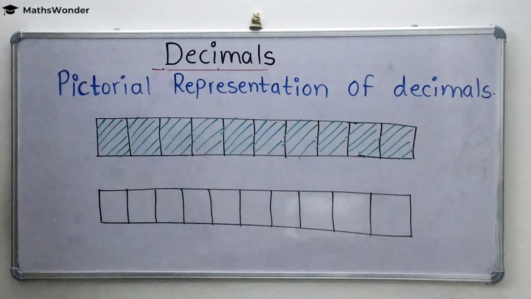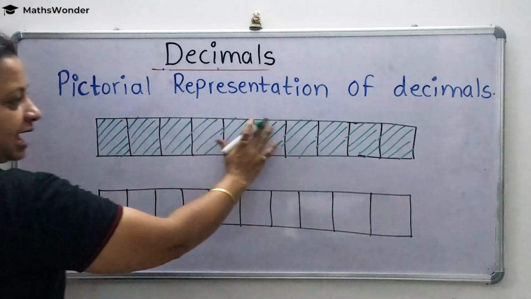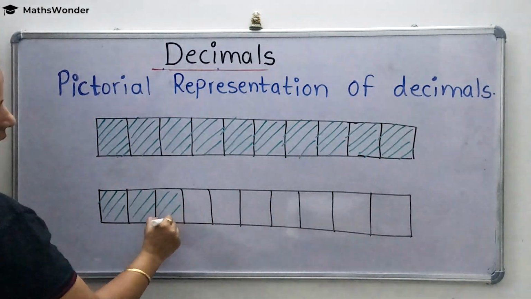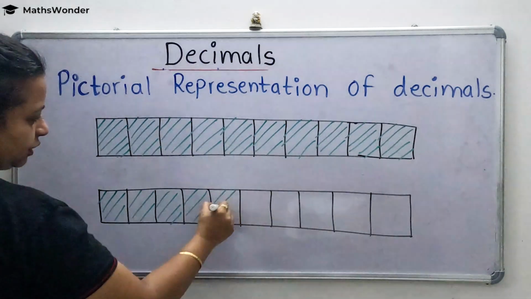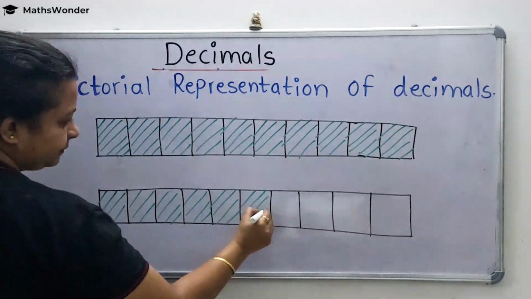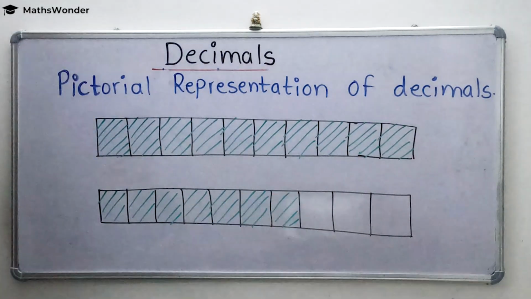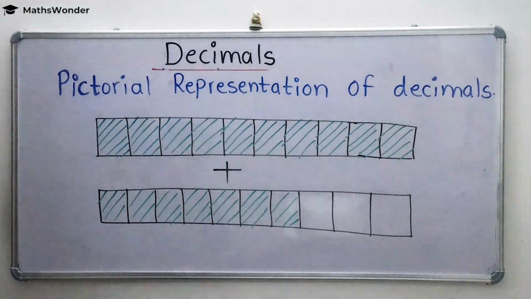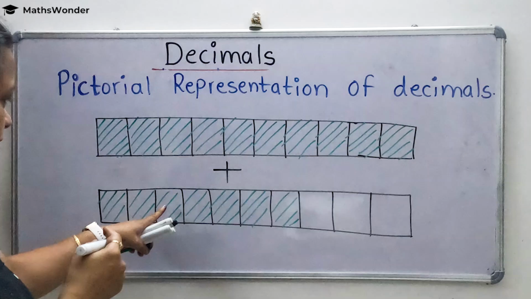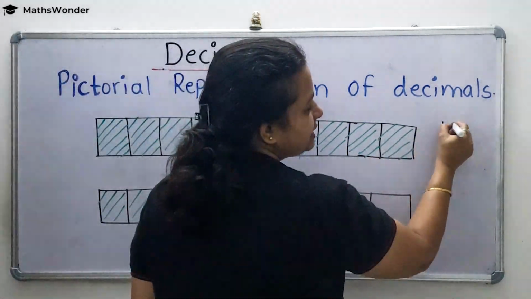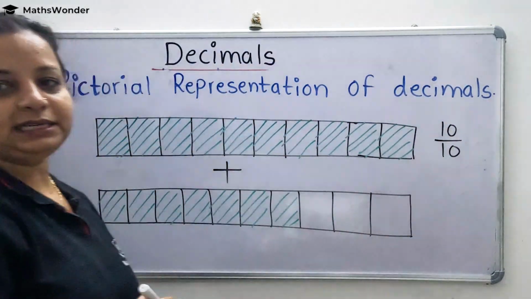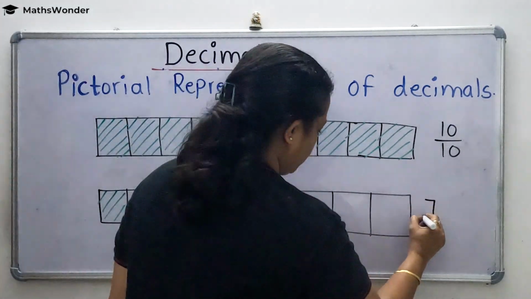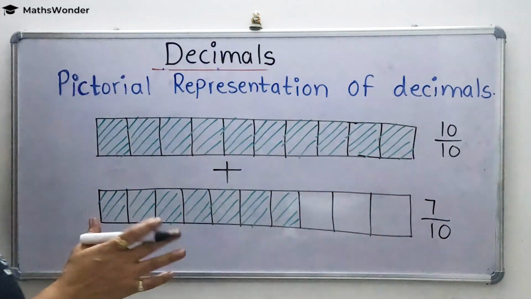Now in this one I have shaded 10 parts, and in this I am shading 7 parts. Now we are adding both the figures, okay? Now this is 10 over 10, isn't it? And 1.7. And this is 7 over 10. That's fine, anything you can take.